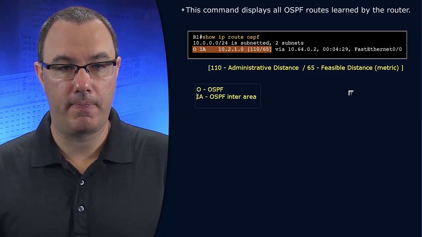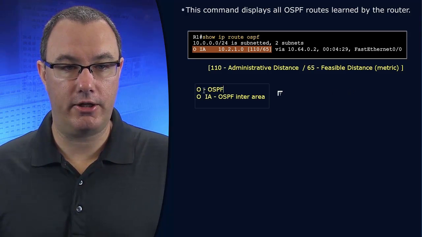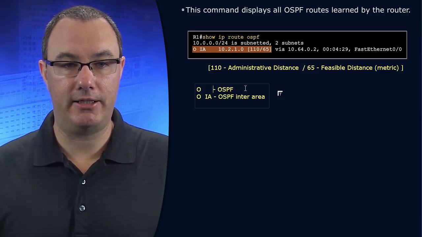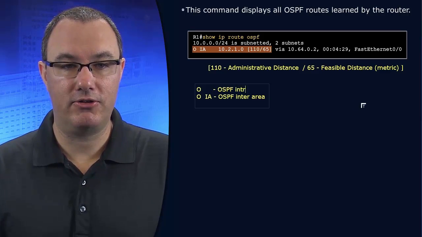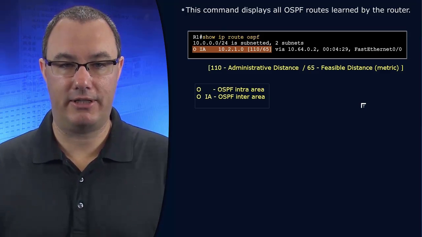We see O, IA, and then just a plain vanilla O. Now, what is the difference here? What does it mean if we see just O? Well, that means intra area. How do we interpret that?